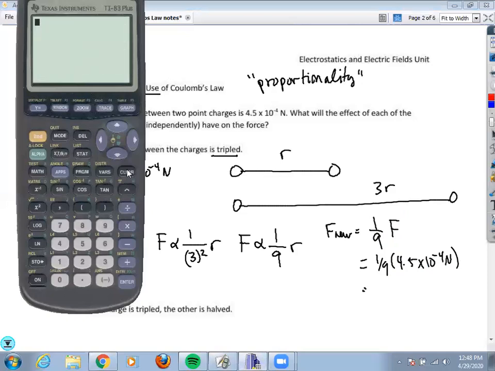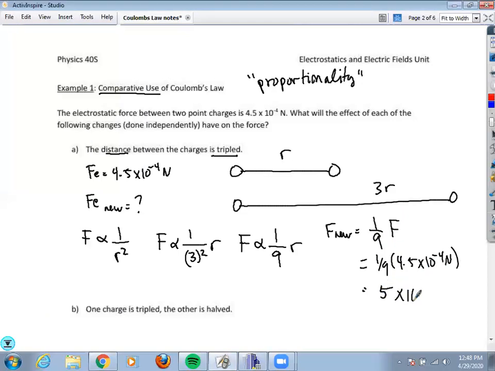Again, remember the second function, EE, is how we do the scientific notation. So we would go 4.5 times 10 to the minus 4 divided by 9, right? 1/9 is the same as dividing by 9. And you get 5 times 10 to the minus 5 newtons. That would be the new force. This is just based on proportion.